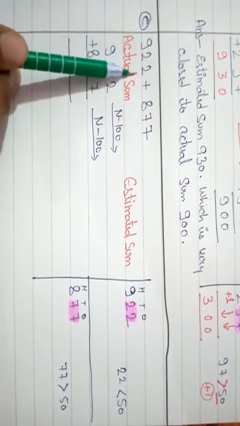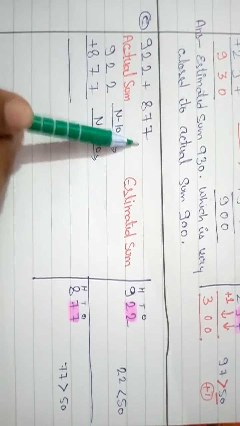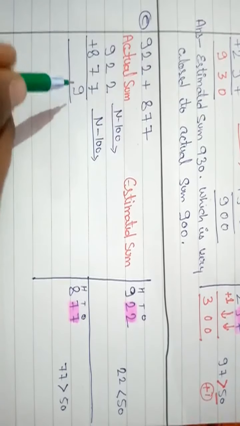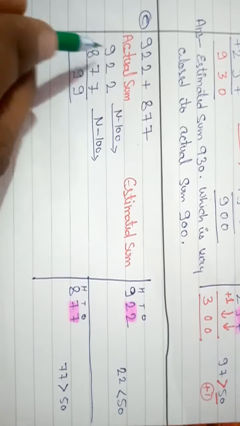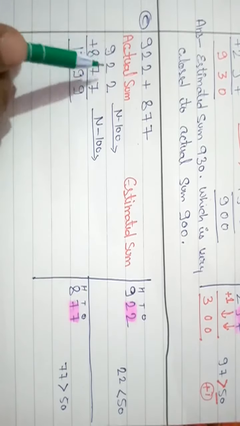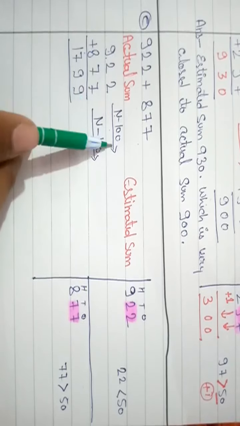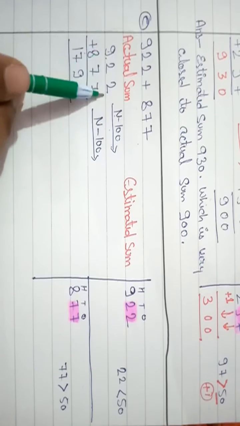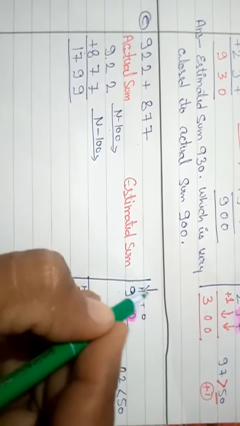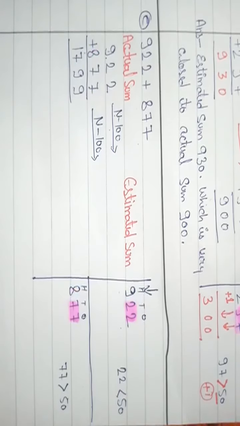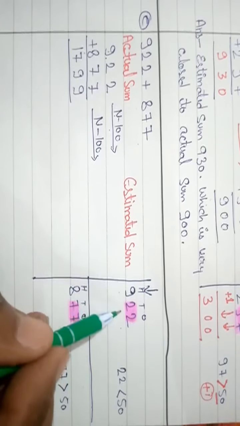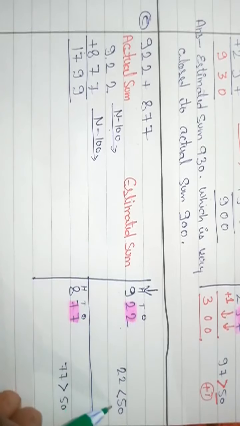E part. So it is 922 plus 877. Actual sum we will find here: 7 and 2, 9, 9 and 9, and 8, 17. Clear? Now the nearest 100 of 922. We write the digits, target the place, the targeted digit is 9, and highlight the rest of the digits, these are 22, and compare with 50.